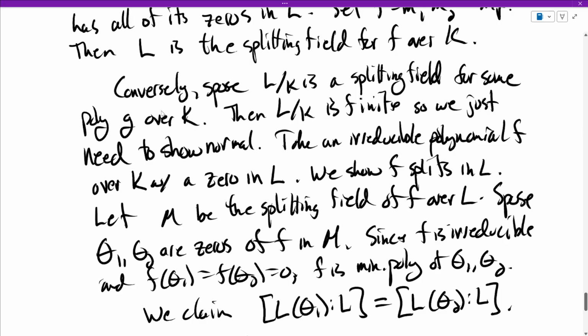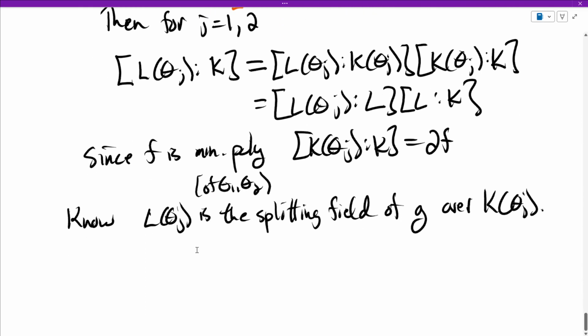L over K was the splitting field for the polynomial g over K. So L is obtained from K by adding in all the roots of g. Well, if I add in a random unrelated algebraic number to K, then L with that new algebraic number is still obtained from K with that new number by adding in all the roots of g. So being a splitting field is preserved by adjoining a root.